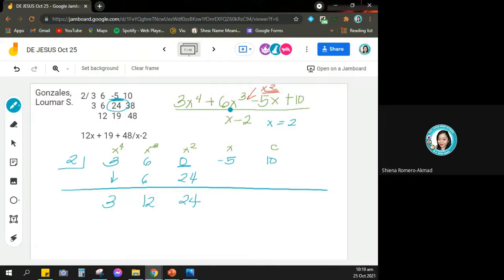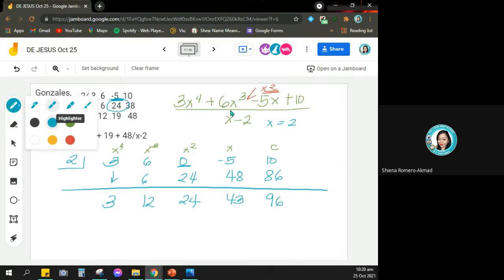Multiply it to 2, we have 48. 48 plus -5, nagiging positive 43. 43 times 2 is 86, plus 10 is, not 70, but 96. So, ito yung magiging final answer natin. So, ano ulit yung last? Yung last would be the remainder.